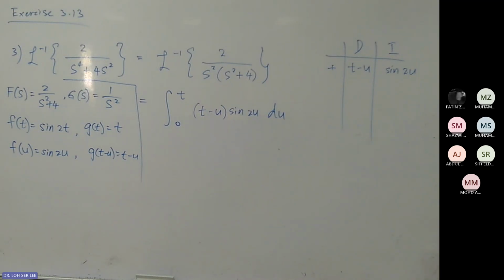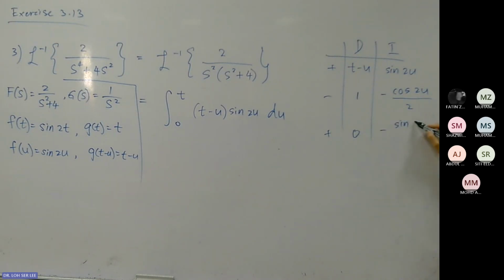Differentiate t minus u, and integrate sine 2u, you get negative cos 2u over 2.